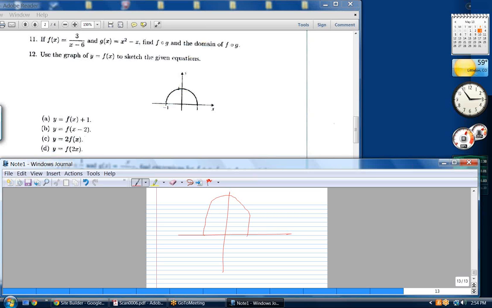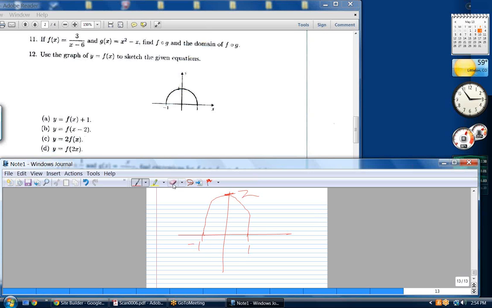You multiply 0 times 2, it's still there. But if you take this point here, which is now at 1, multiply it by 2, this point would have to be 2, while this is still -1 and this is still +1.